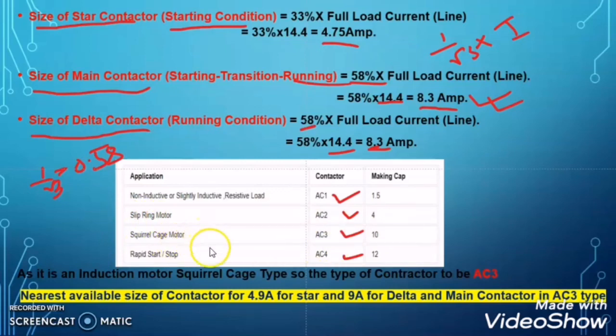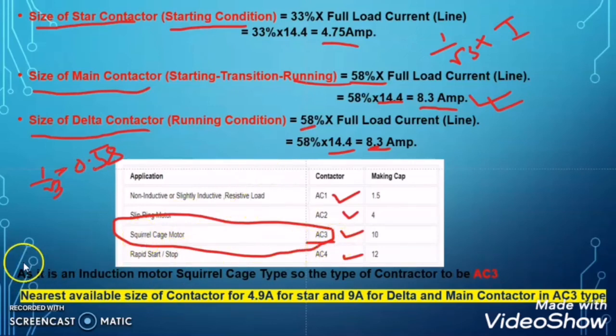AC3 is for squirrel cage motors, and AC4 is for rapid start-stop motors. In our case, this is a squirrel cage induction motor. Most of the motors in the world, about 80%, are squirrel cage induction motors. Our motor is also a squirrel cage motor, so the contactor type will be AC3.